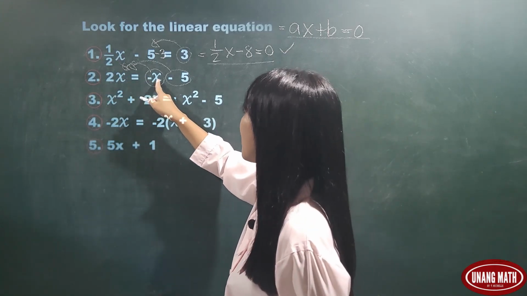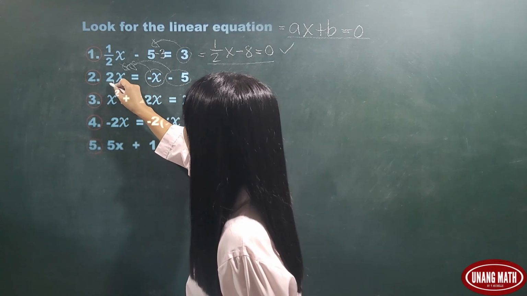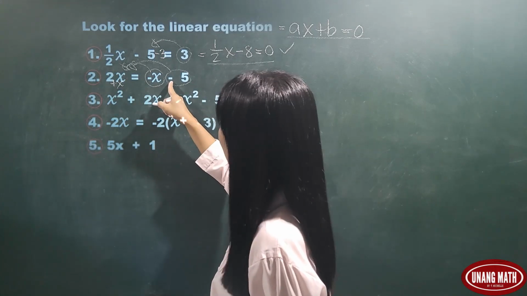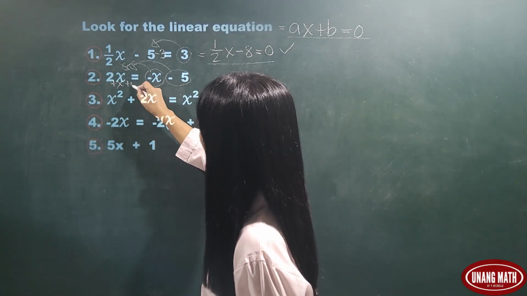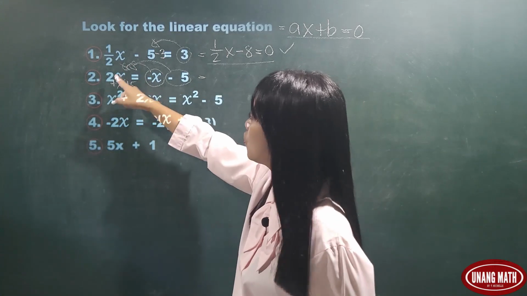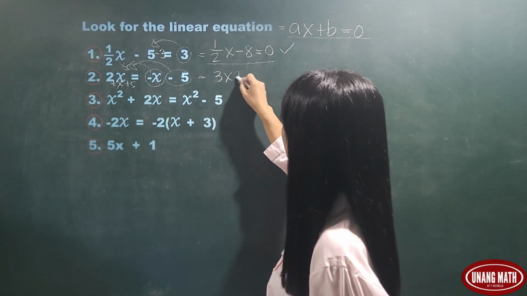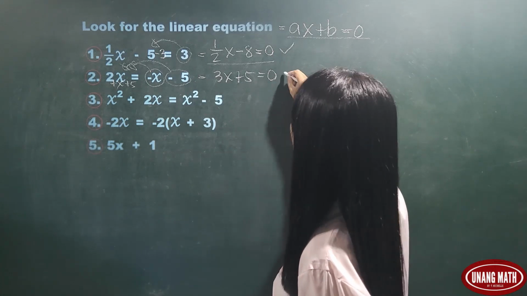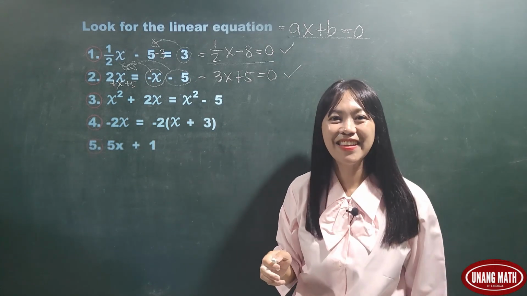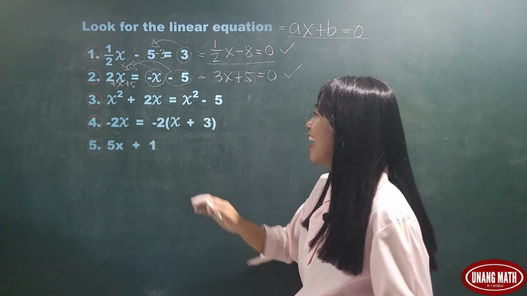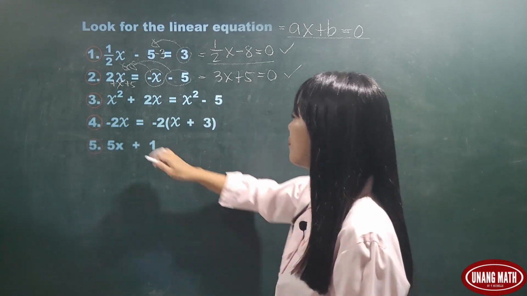This is negative x, so it will become plus x. And this is negative 5, so it becomes plus 5. So we have 2x plus x, so 3x plus 5 equals 0. This is also a linear equation. Okay, how about number 3?